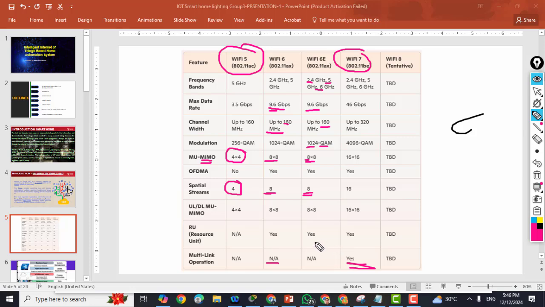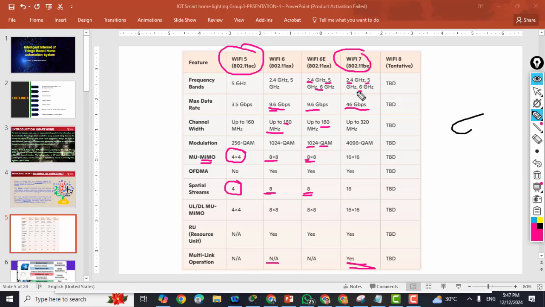This is the last one, Wi-Fi 7, the standard 802.11be. It also uses 3 frequency bands: 2.4, 5, and 6 gigahertz. It can reach up to 46 gigabit per second, theoretical. Imagine 4 times the speed of Wi-Fi 6E.